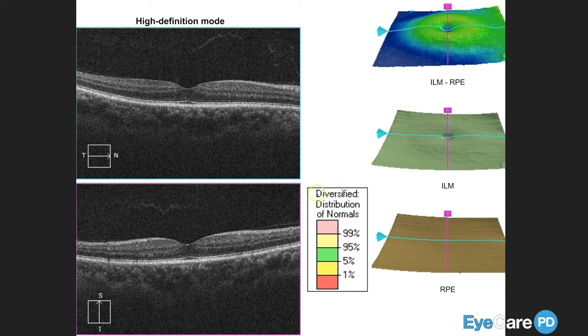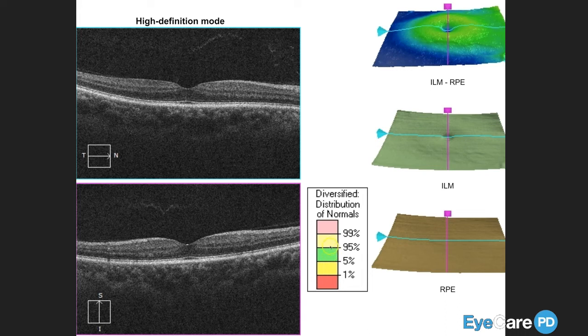Meanwhile, you've got here this very important colorimetric band, which is labeled as the distribution of normals. This distribution of normals is a statistical analysis, and anybody whose retinal thickness falls within the range of a 5 to 95% standard bell curve is going to fall within normal limits.